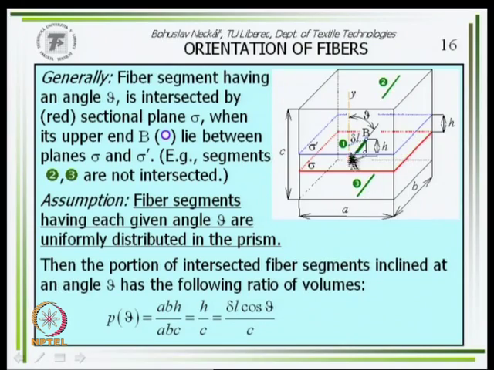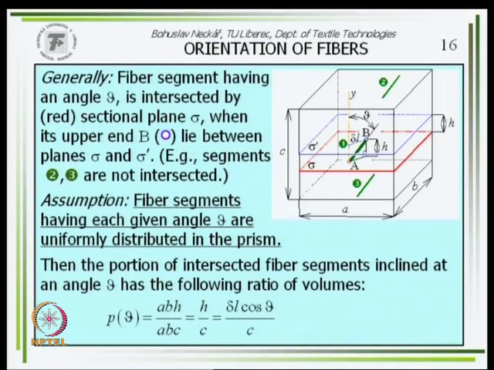Now let's think about the fibers having angle theta, only angle theta, no other. There are a lot of fibers inside of our box. Not all fibers are cut, isn't it?